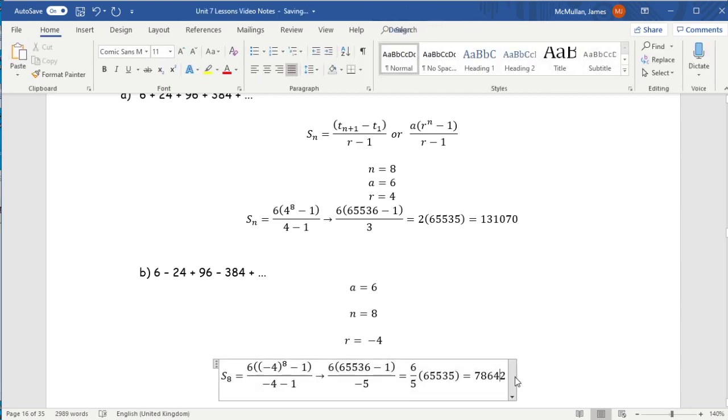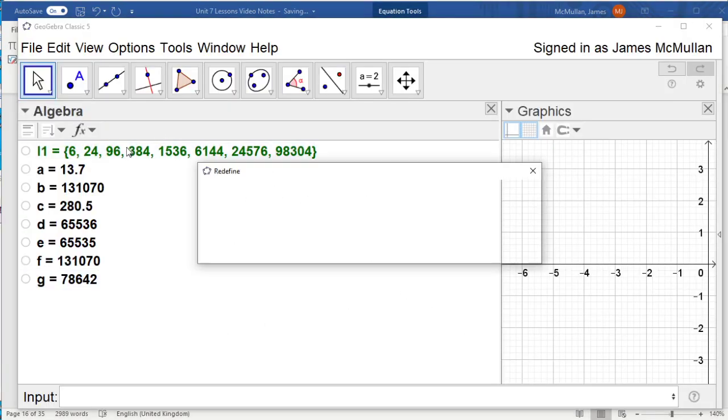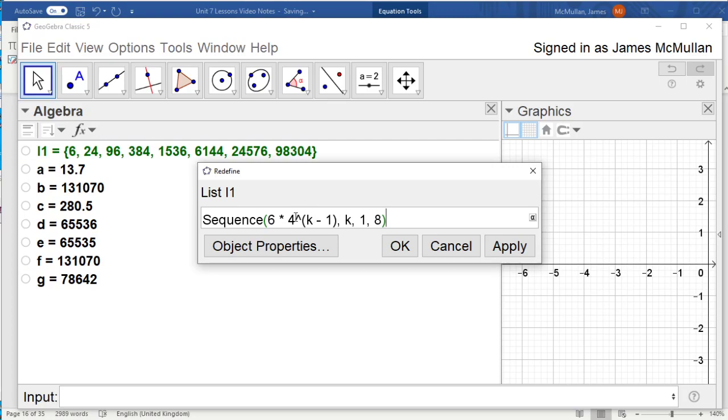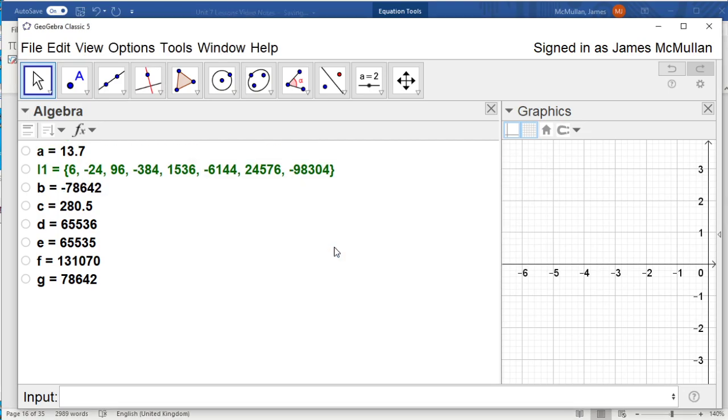Okay, now again, let's just check on GeoGebra. So I'm going to go back to my sequence command. Instead of raising 4 to the power of k minus 1, I'm going to raise negative 4 to the power of k minus 1. So now you see it goes 6, then negative, then positive, then negative, then positive, and so on.